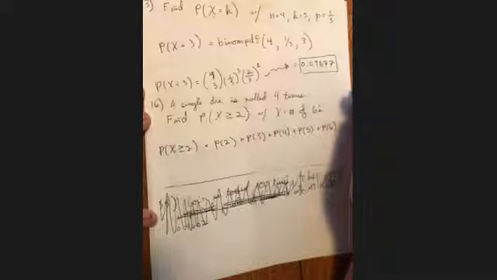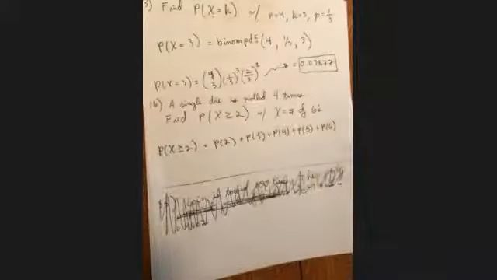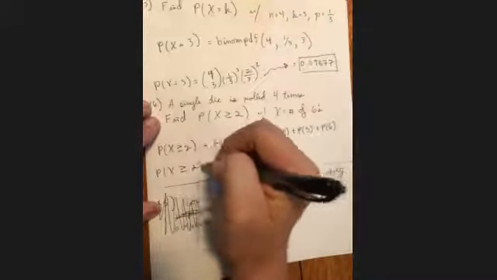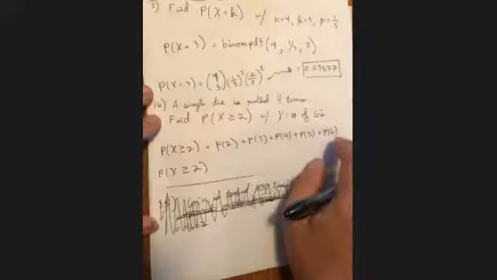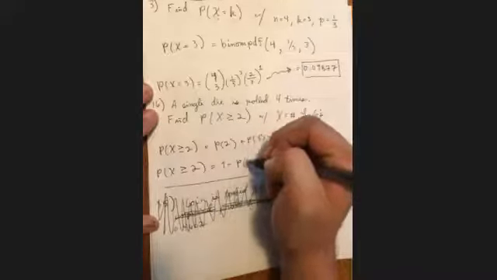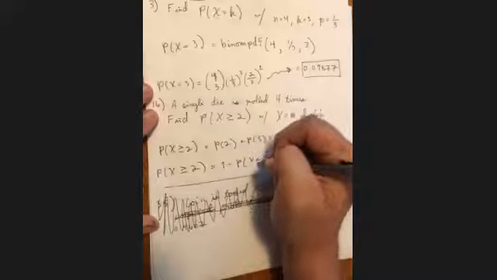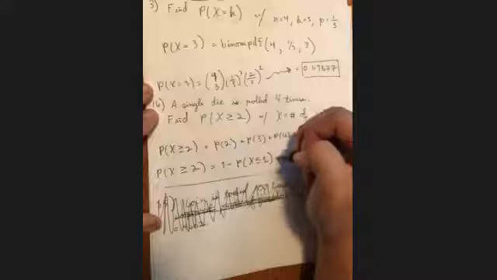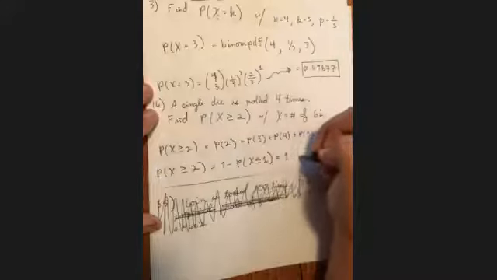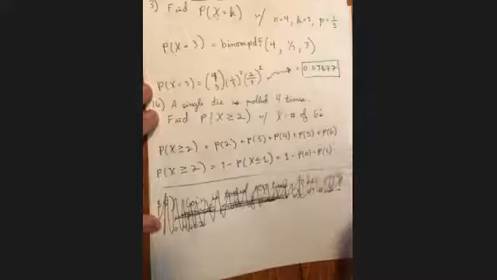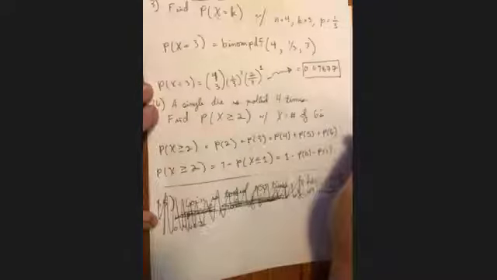A better way to do it is to use the complement rule, which says that the probability of at least 2 is the same as 1 minus the probability of at most 1. So here that would just be equal to 1 minus P of 0 minus P of 1. This is a simpler computation.